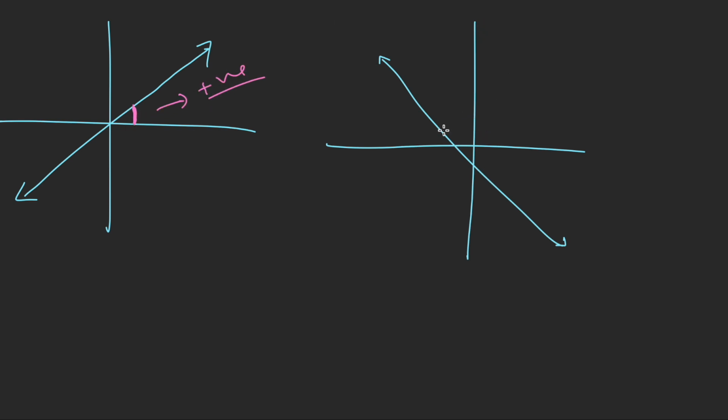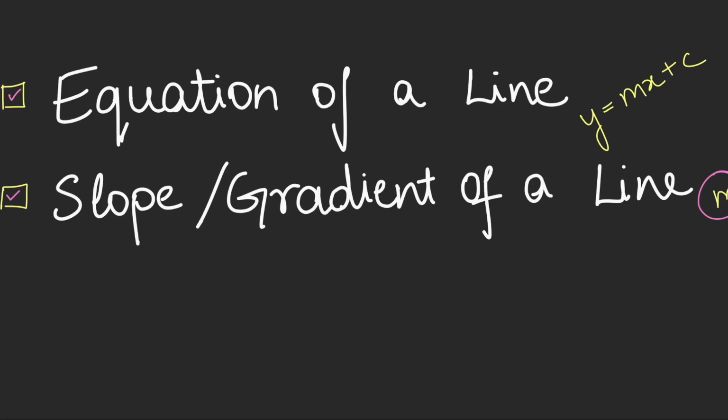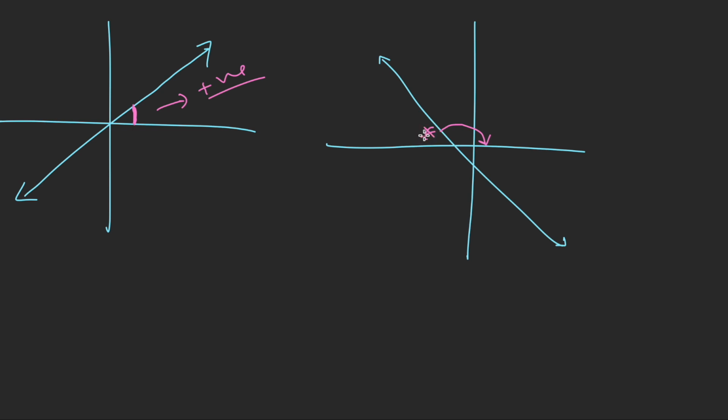If the line is making an angle with the x-axis in clockwise direction, not anti-clockwise, only in clockwise direction, if this angle is greater than 90, then the slope of the line will be negative. So this is one trick to learn here. This is how you can predict whether your value should be plus or minus.